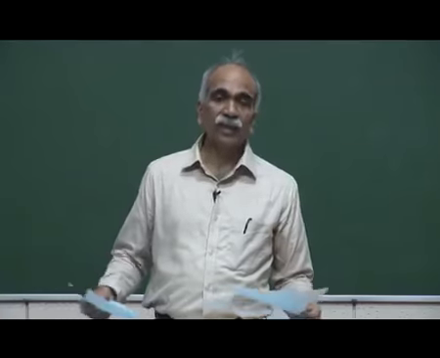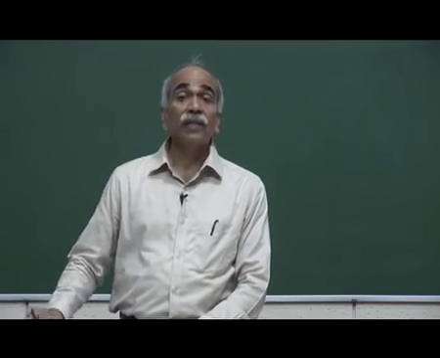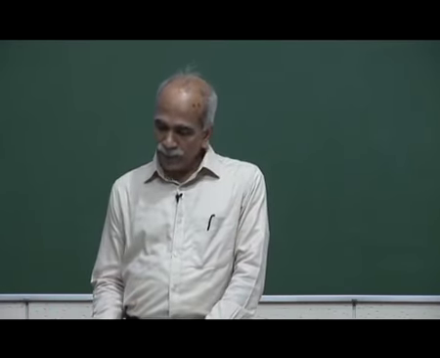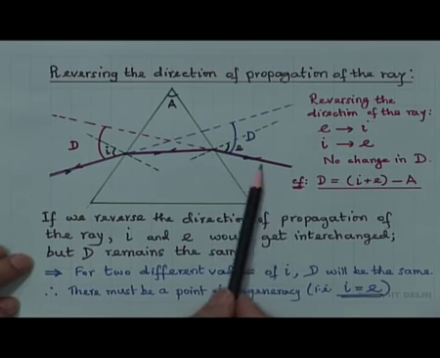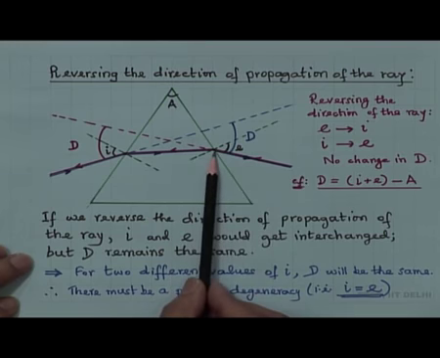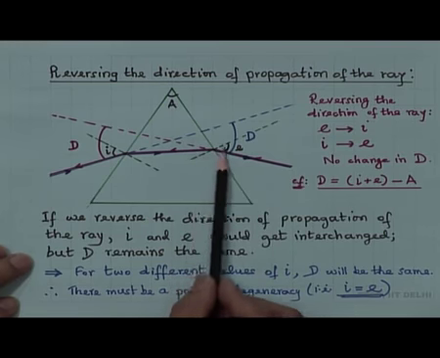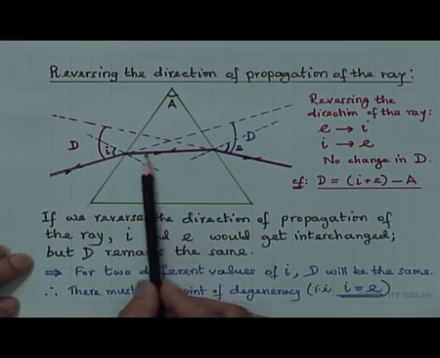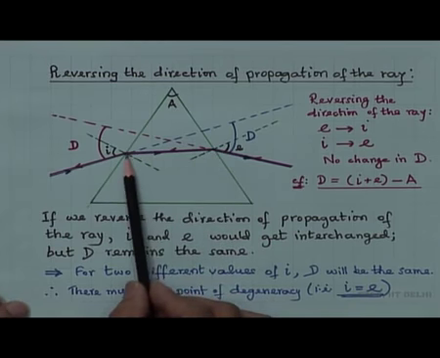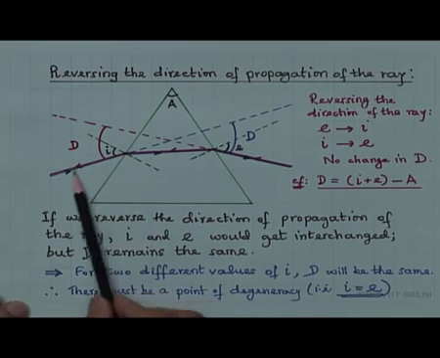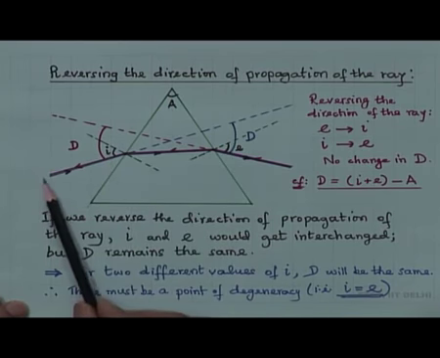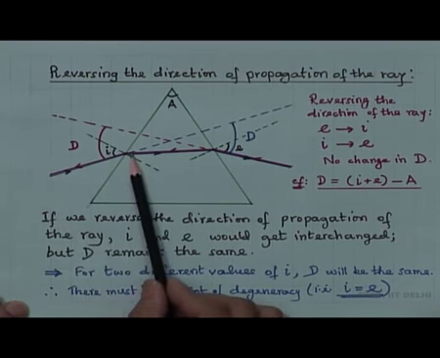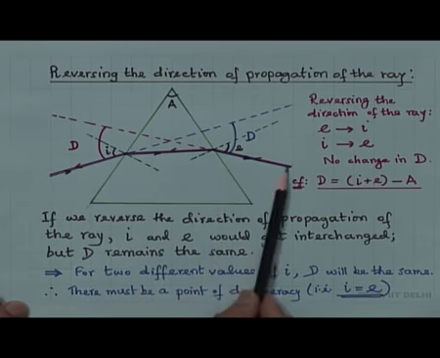So, let me show this slide here, and we see the reversibility of light. We see that if the ray were to come from here, that is, if this would have been the incident angle, then at this point again Snell's law would be satisfied, and the ray would follow the same path, and then it will again satisfy Snell's law and follow the same path here, which means if I is the angle of incidence when the incident ray is from here, then E would have been the angle of emergence.